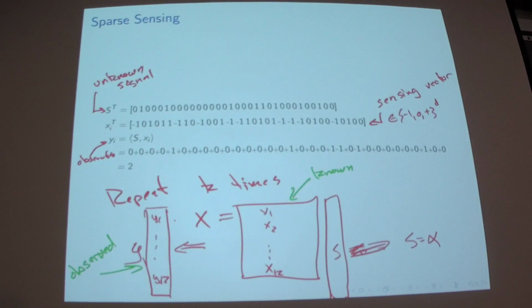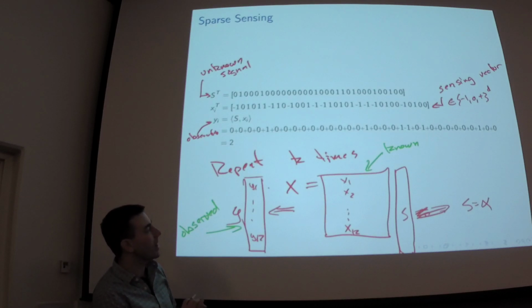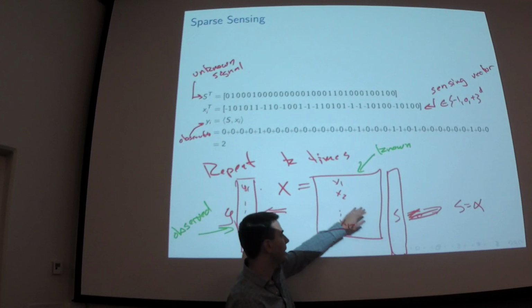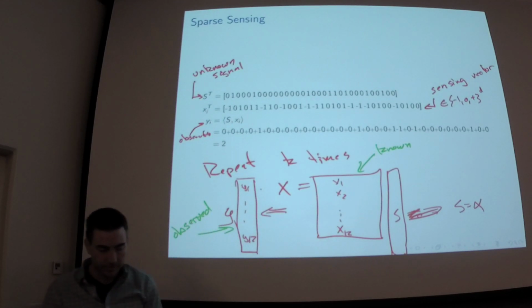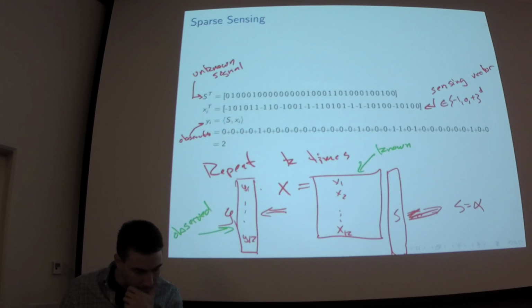And I claim that if I use some Lasso version, like orthogonal matching pursuit, or one of these, there's a whole series of approaches you can use, where orthogonal matching pursuit is the simplest. If I know that s is going to be sparse, then I can recover s if I make k large enough.